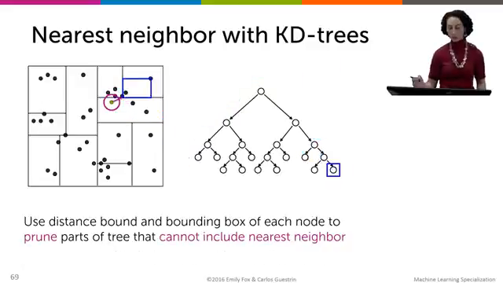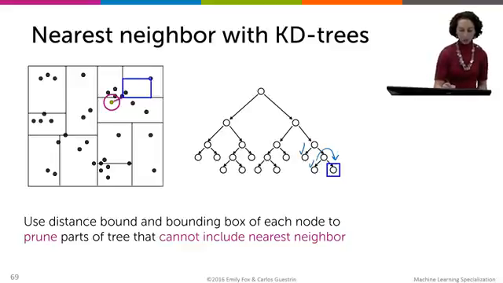When we continue searching, we've now checked this node, we've checked this node, and we're going to check this other node. But what this blue box here shows is the tight bounding box for that node. Remember, it's the box that contains all the points within that node. And what we see is that the distance to that box is greater than the distance to our nearest neighbor found so far.